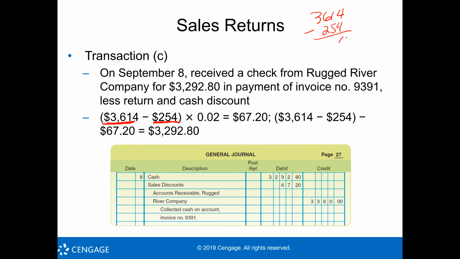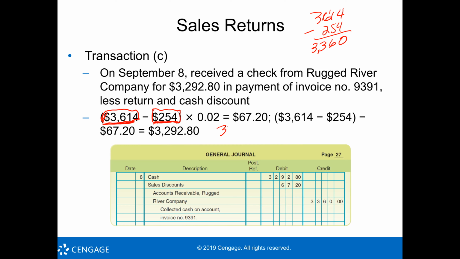Let's see if I could do this without messing it up. 3360 is actually the amount that they owe us then, right? Because they originally purchased 3614 and then they returned $254 worth, right? And so they only owed us 3,360.